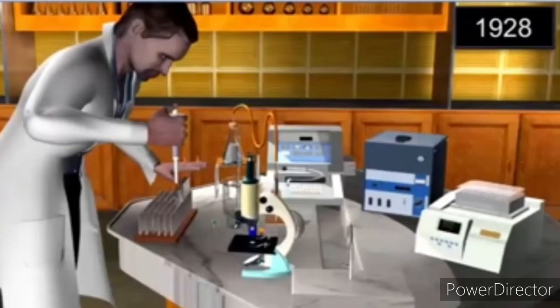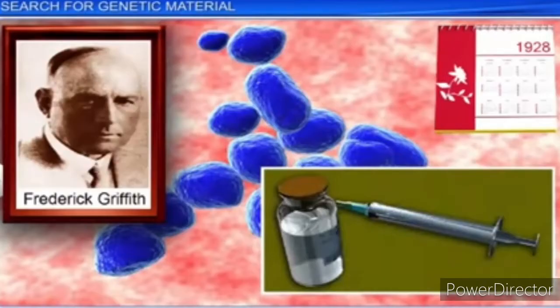In 1928, one scientist, Frederick Griffith, through his transforming principle, conducted a series of experiments on bacteria. We'll discuss it later.